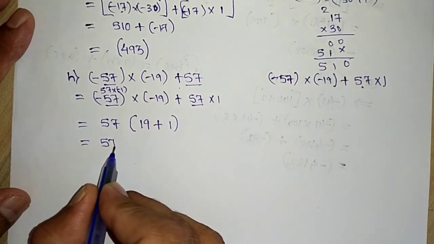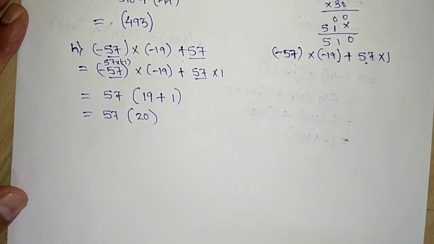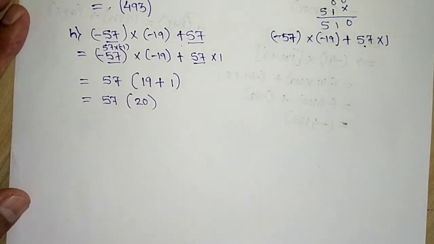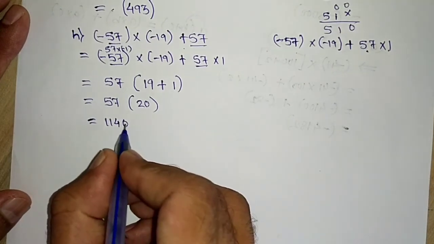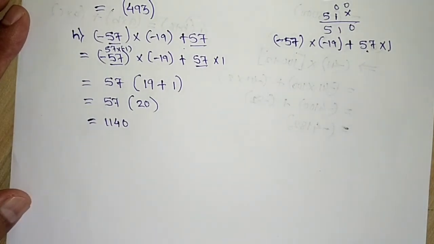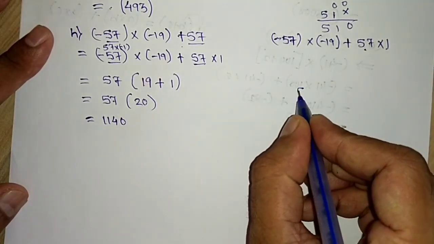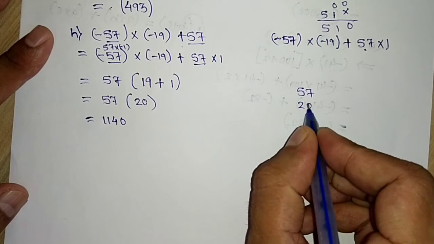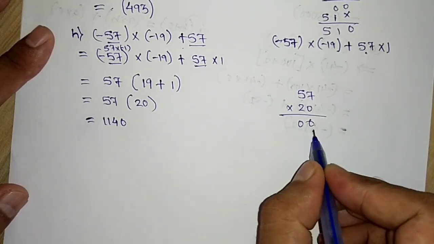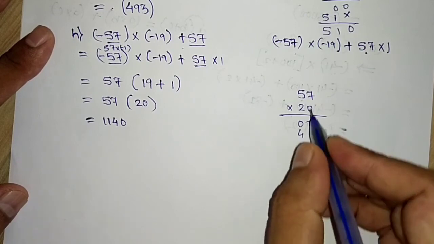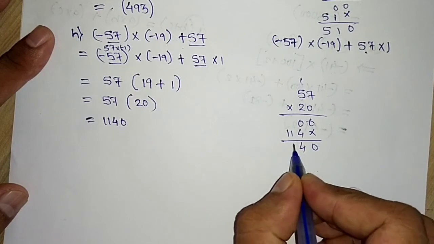57 multiplied by 20. Now if you multiply 57 into 2, you will get 114 and the 0. So your answer is 1140. Let me show you how I have done the calculation. 0 into 7, 0, so 2 sevens are 14, 5 twos are 10, plus 1, 11, 0, 4, 1, 1.